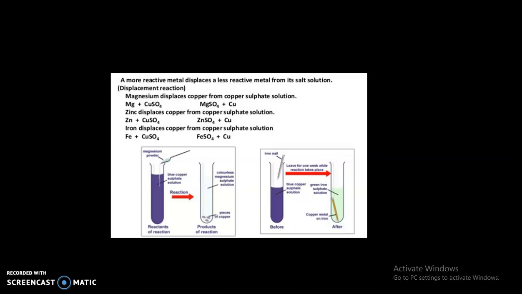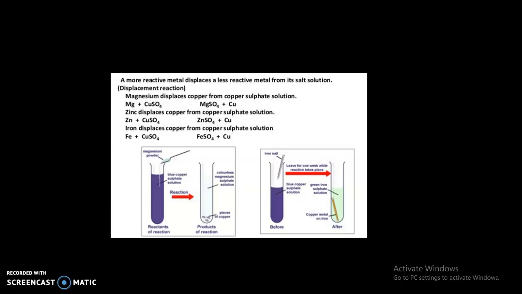This is because a layer of copper gets deposited over the surface of the iron nail, and iron is more reactive than copper, so it displaced copper from the copper sulfate solution, and the color of the solution slowly changes from blue to green due to the formation of iron sulfate, and we know that iron sulfate is greenish in color. Alright, and iron is more reactive than copper.